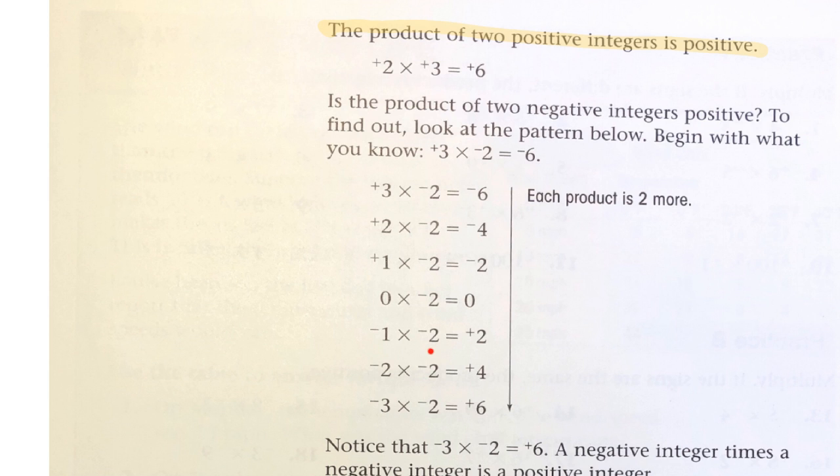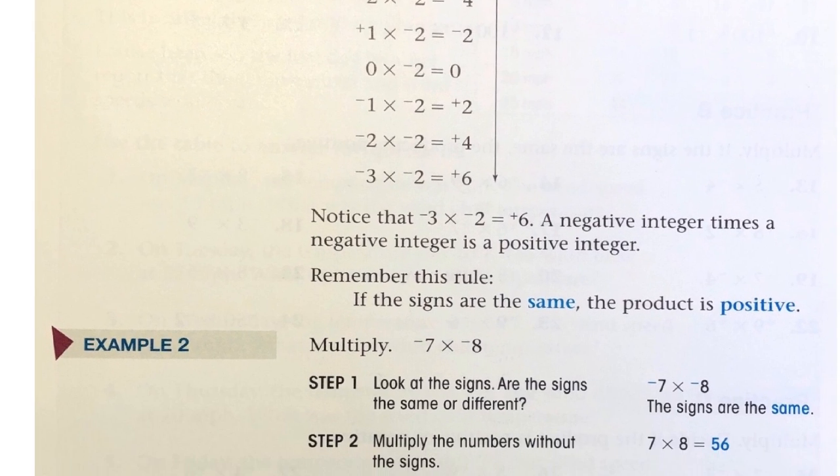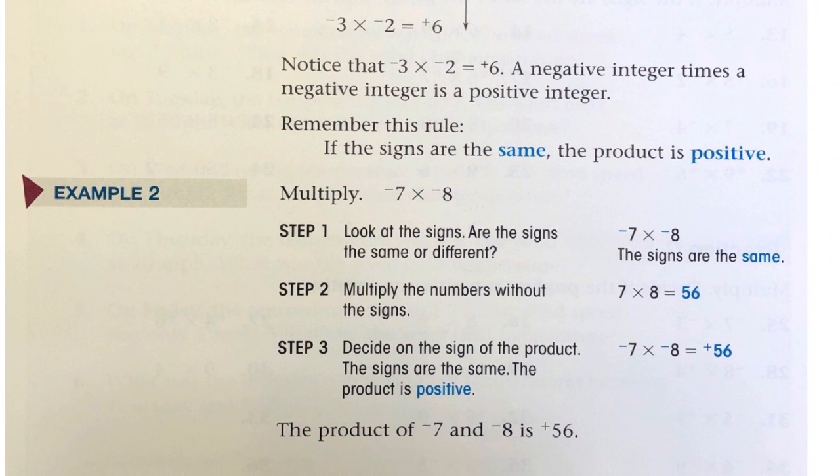-1 times -2 is 2. -2 times -2 is 4. -3 times -2 is 6. Because each product is 2 more. Notice that -3 times -2 is +6.